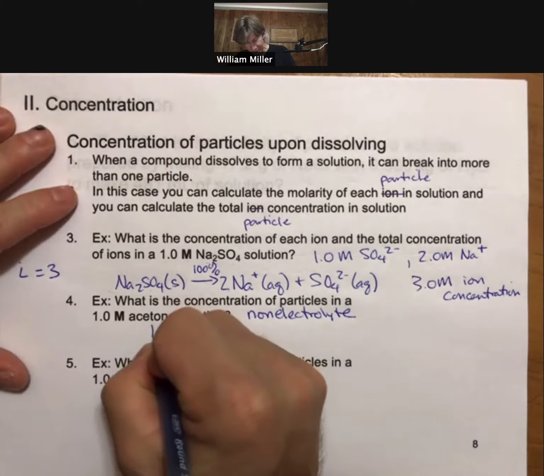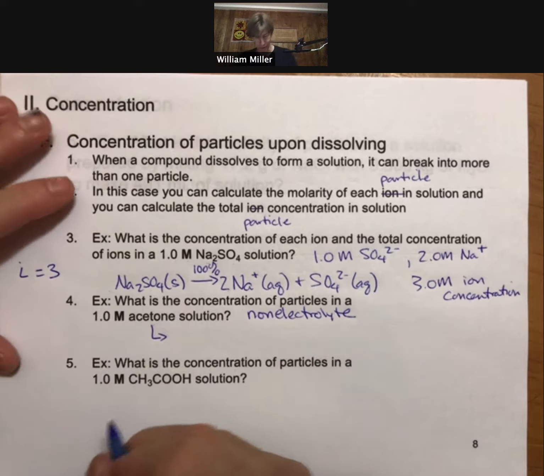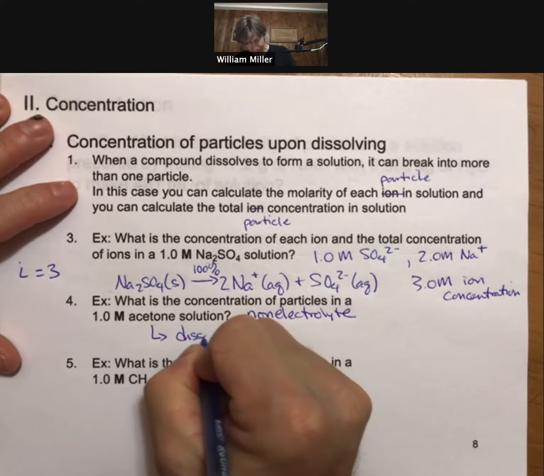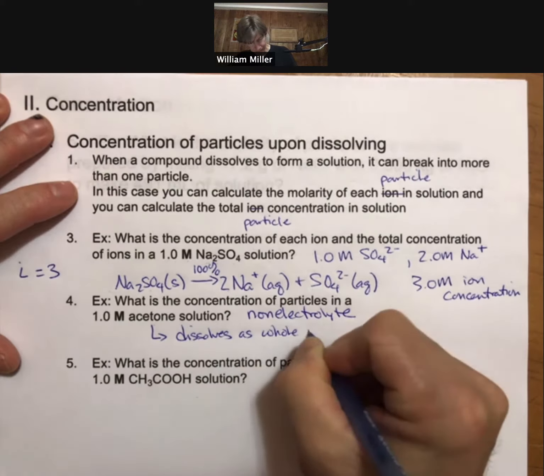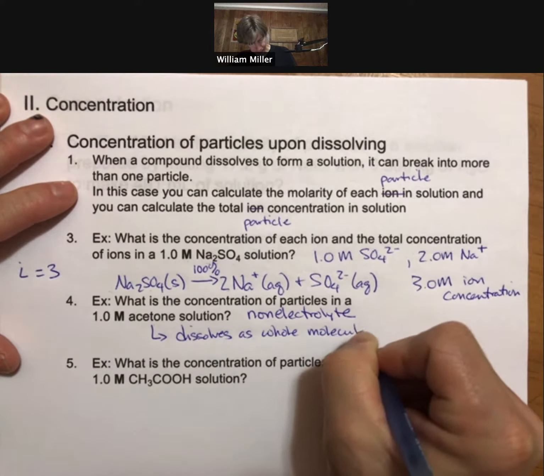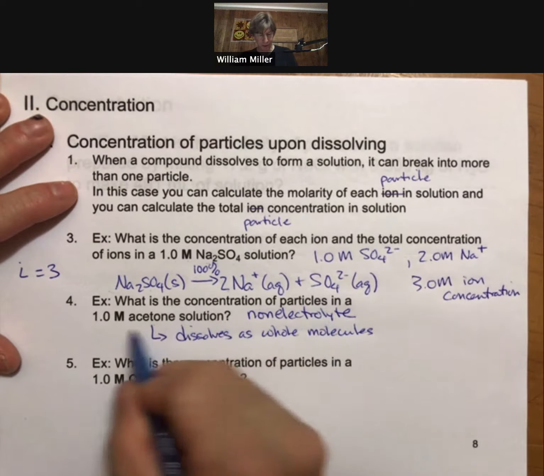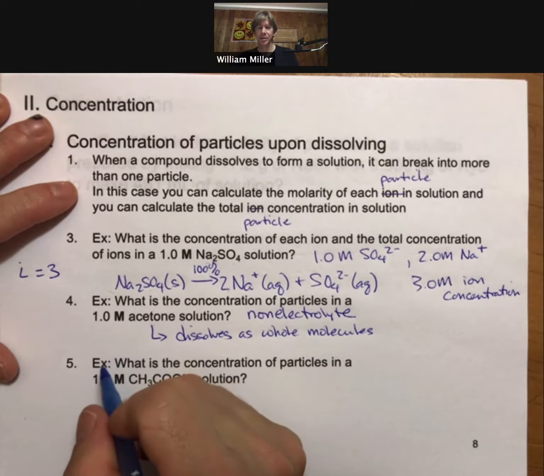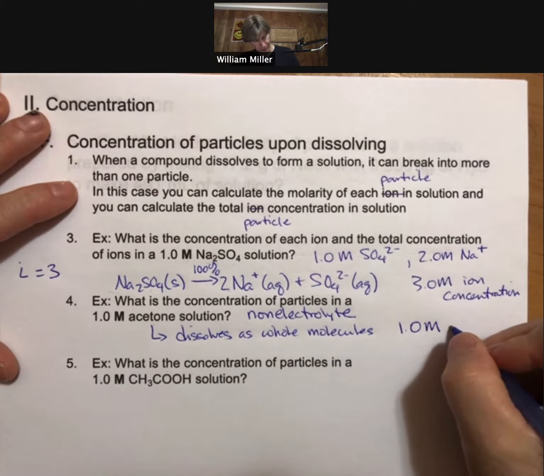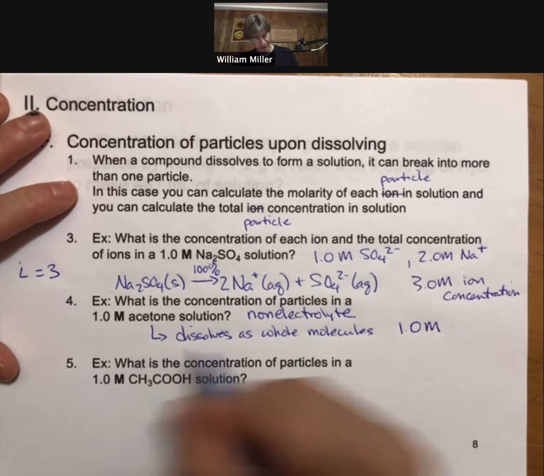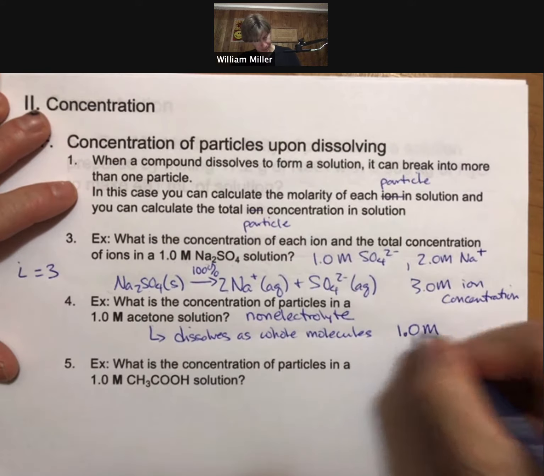So acetone dissolves as whole molecules. So the concentration of particles in this solution is just 1.0 molarity. So it's 1.0 molarity acetone, it's 1.0 molarity particles.